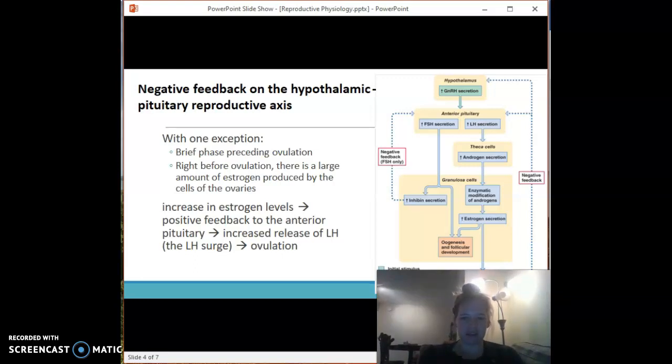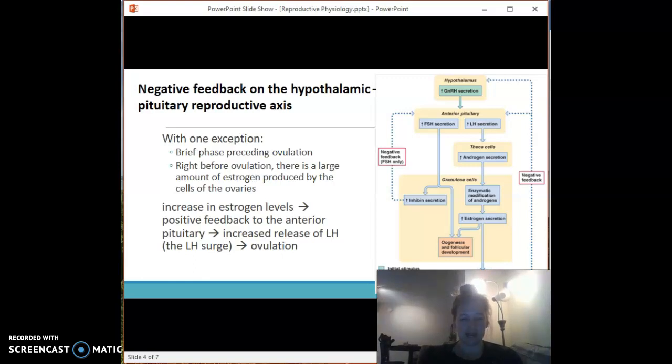So the ovarian steroids that we were talking about exert negative feedback on this axis, but there is one exception to this. During most of the phases of the ovarian cycle, they're exerting negative feedback back onto the anterior pituitary and to the hypothalamus. The one exception is right before ovulation. Right before ovulation, there's a large increase in the amount of estrogen that the ovaries are producing.